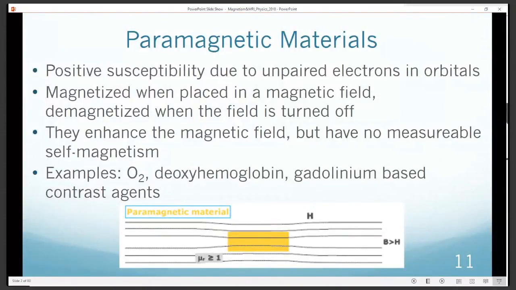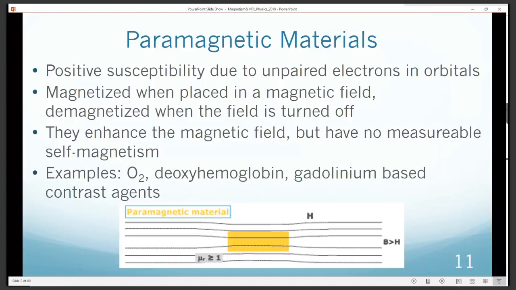Paramagnetic materials have positive susceptibility, so the magnetic field inside paramagnetic materials will be amplified slightly when placed in an external magnetic field. That doesn't mean they have magnetism or self-magnetism on their own.